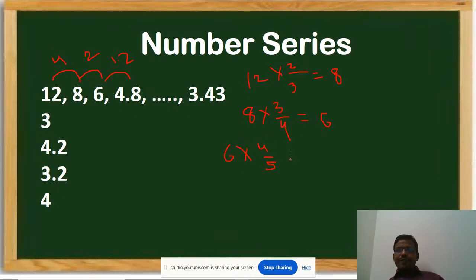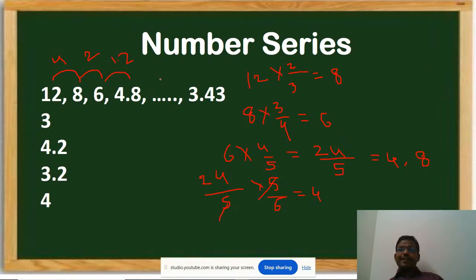So 6 into 4 by 5 is 24 by 5. 24 by 5 means 5 fours are 20, point 8, so 4.8. Then 24 by 5 into 5 by 6: 5 and 5 cancel, 24 by 6, 4.